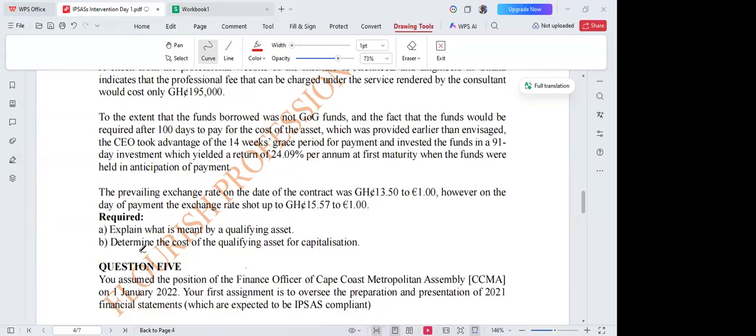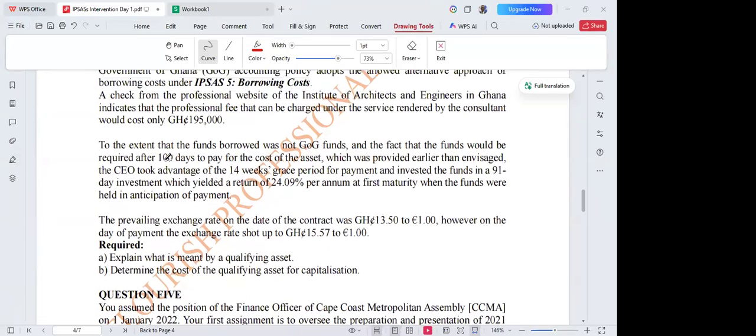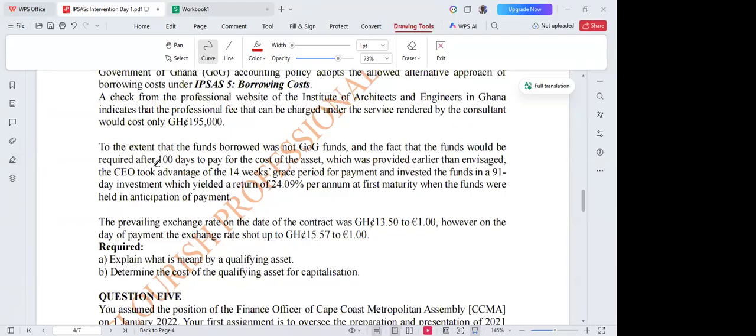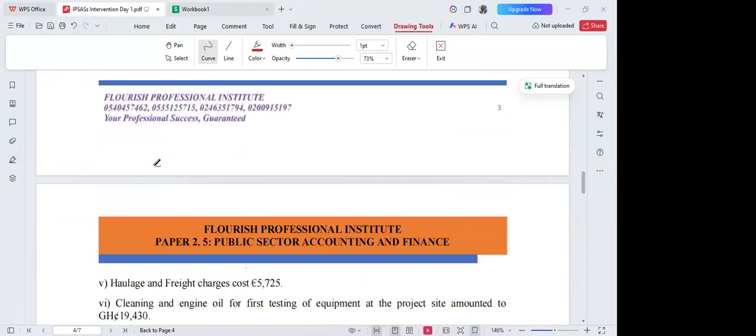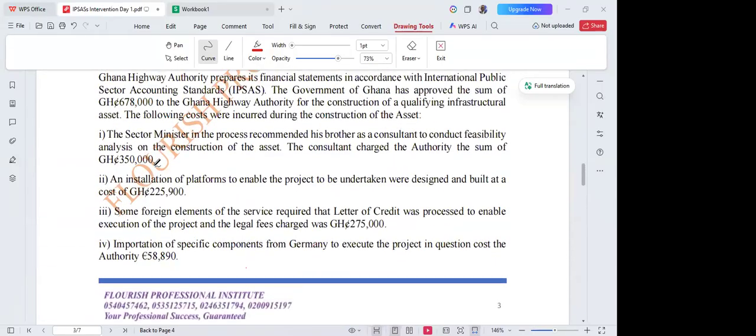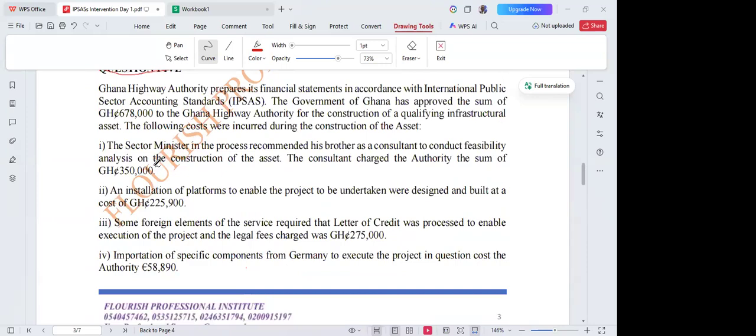Okay, thank you. So I'll ask you: what standard does this question relate to? This is a past question. What standard does it relate to? Yeah, Kobe.